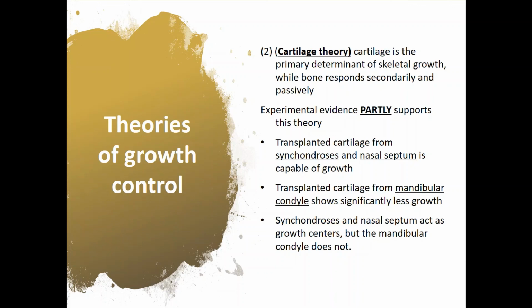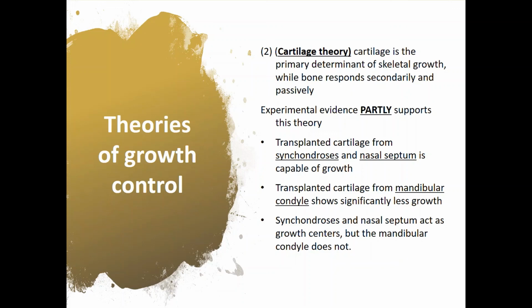The example is the synchondroses of the cranial base and the nasal septum. So if you isolate this in a lab environment, then it will grow independently. On the other hand, secondary cartilage, like the condyle of the mandible, if you isolate it, it will not grow independently, so it is only a growth site. So this is not a complete explanation of the growth control.